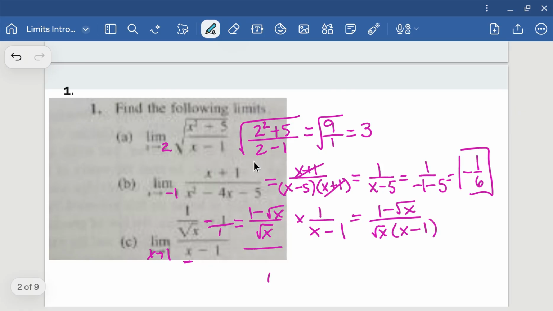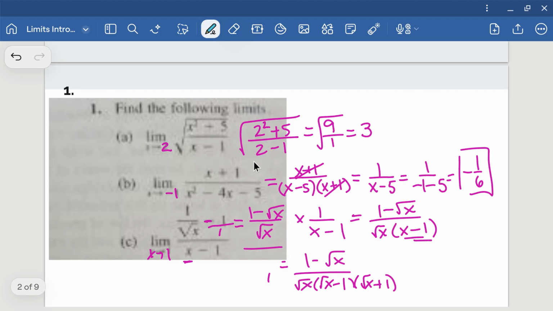Now that I'm at this point, I can see that this here is a difference of squares, and I can expand this further. So the 1 minus root x is still there, the root x is still here, but then with our difference of squares, if I take the root of x, it will just be the root of x. And then if I take that -1 and root it, I'll have -1 and +1. Now I'm almost there, but not quite, because I need my root x to be negative.